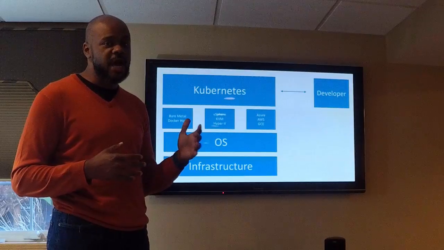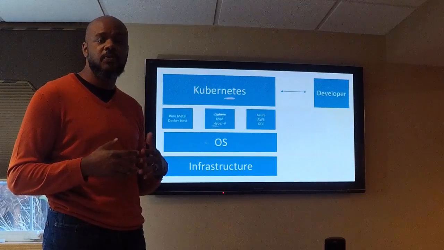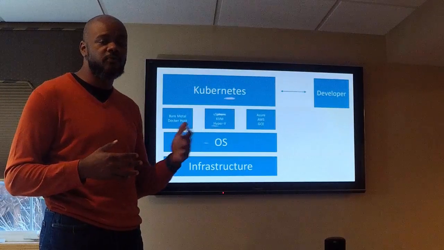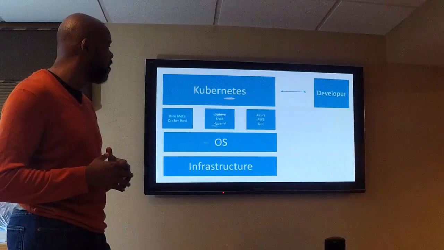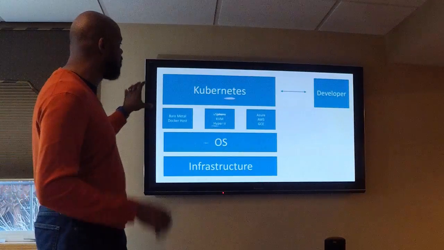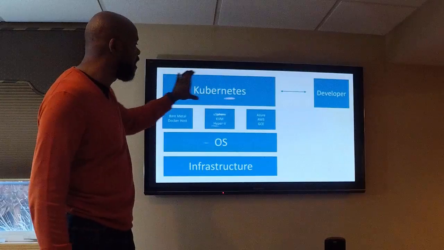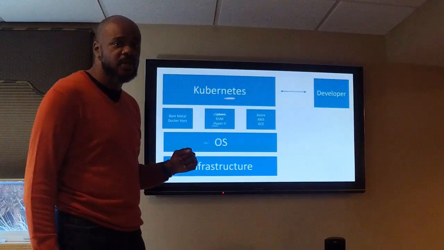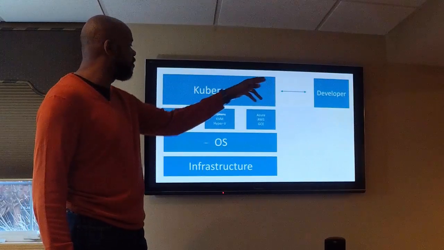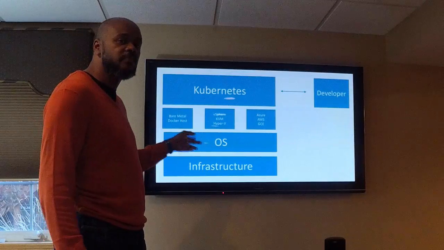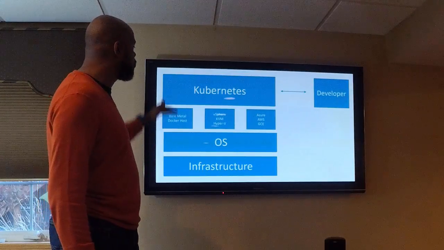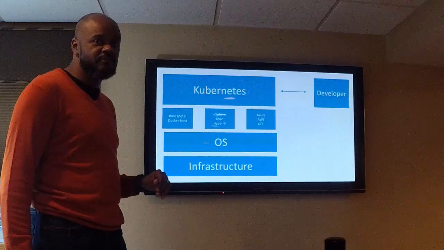Kelsey Hightower from Google was on a recent episode of the Datanauts over on packetpushers.net, and he talked through that new relationship that Kubernetes makes with the developer. Instead of the developer interacting directly with that OS layer, Kubernetes abstracts everything underneath.